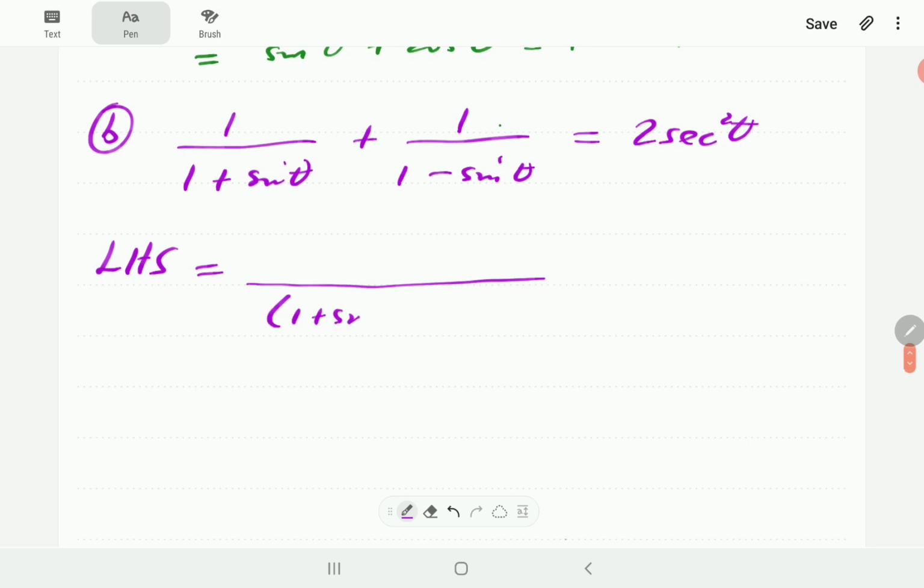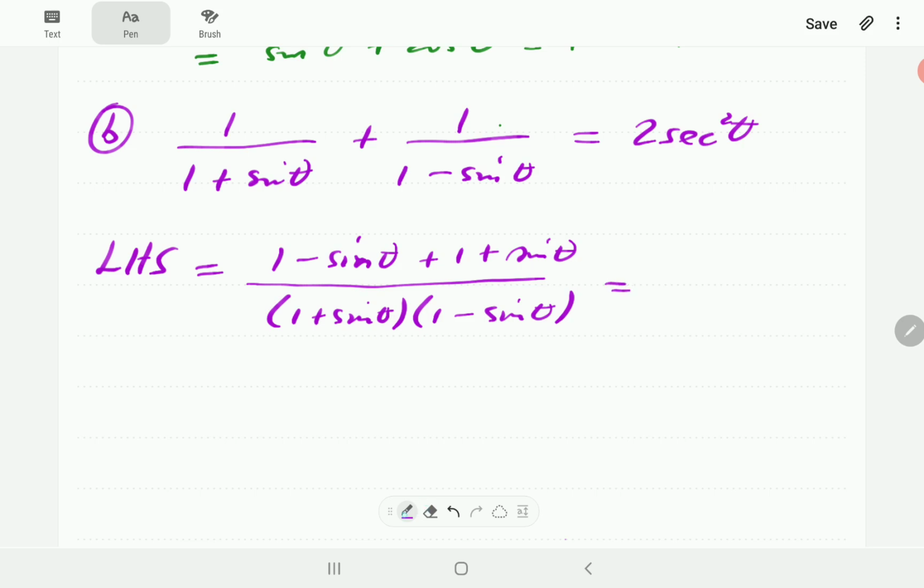The LCM is going to be the product of the two denominators. So then this is going to go into that this many times, so we're going to have 1 minus sine theta here, and then this plus comes down here. This one goes here this many times, so that's going to be 1 plus sine theta.